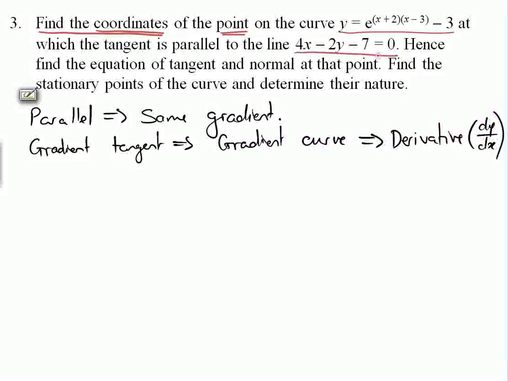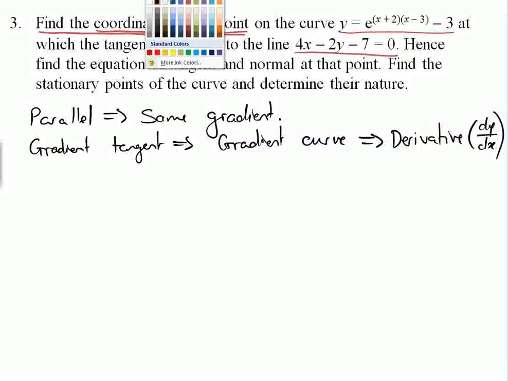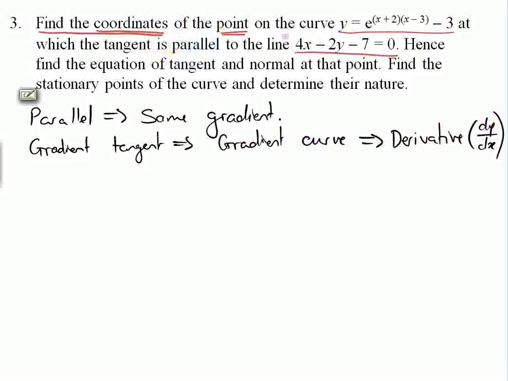So what are the two things I need to know to find this? I need to know how to differentiate this, find its derivative, and I also need to know the gradient at this point. So let's take a look at the second one first, 4x minus 2y minus 7 equals 0. Can I rearrange this?